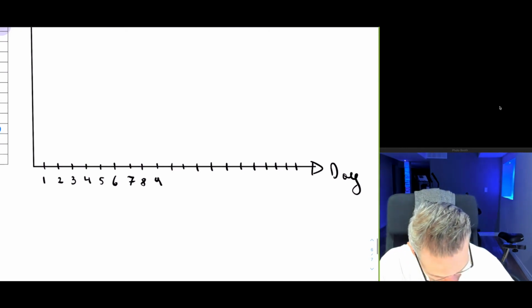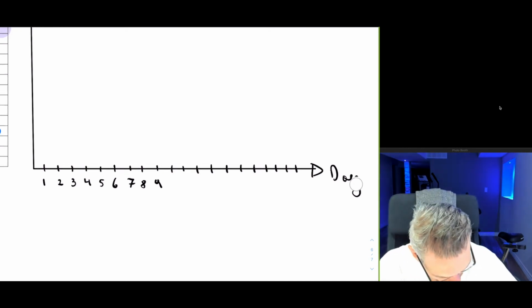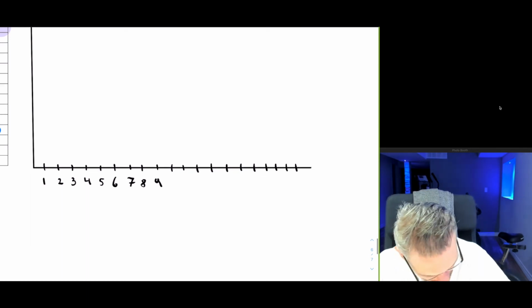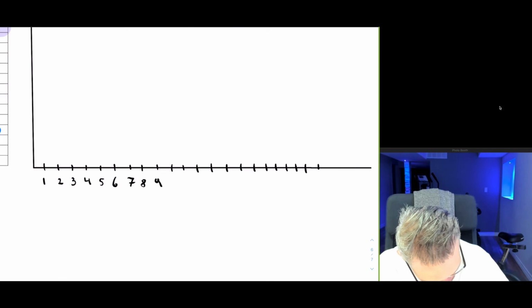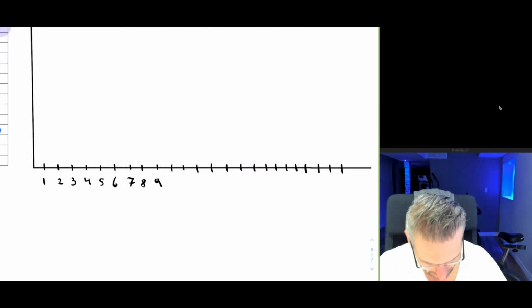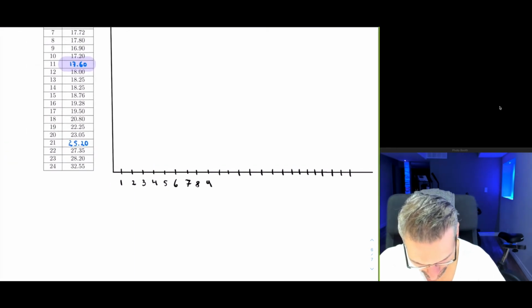Notice I'm running out of space here. So that would have been the challenge. Right? So I'm going to run the line all the way. Okay, so we have 20, 21, 22, 23, 24. And then of course this could have continued on.